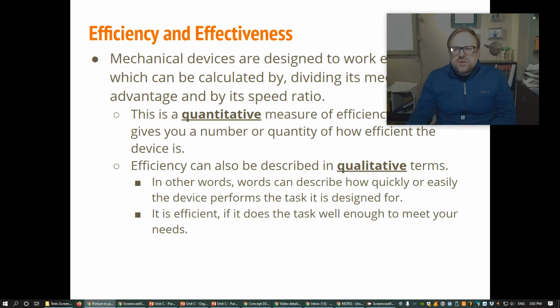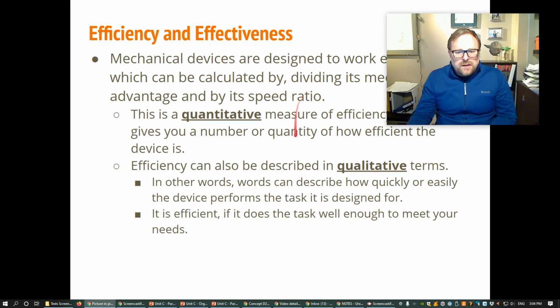We always contrast quantity with quality. Okay, qualitative terms can be used to describe how quickly or easily a device performs the task, and if it's efficient, it does its task well enough to meet your needs. So a qualitative measurement of efficiency might be just saying, hey, yeah, I did that really fast, or yeah, it was really easy for me to do that.